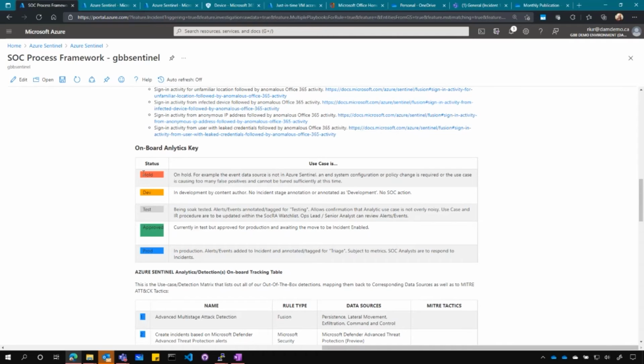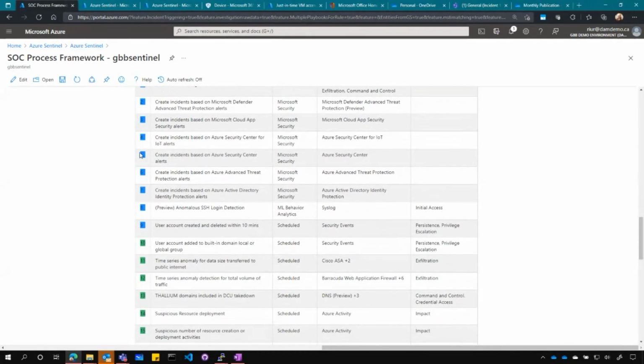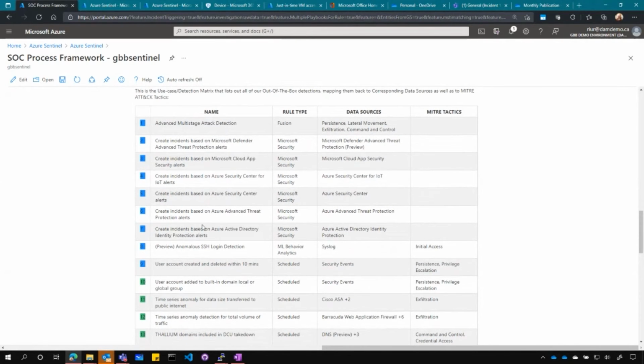So really, that's what that one's giving us. Green is approved, currently in test, but it's approved for production, and it's waiting to be moved to incident enabled. And then blue is production. Any alerts that have been added that are blue, I know that these are the things that I'm going to be triaging. It's going to be coming in as queued. And I'm going to be working as an analyst to deliver that type of excellence around that.